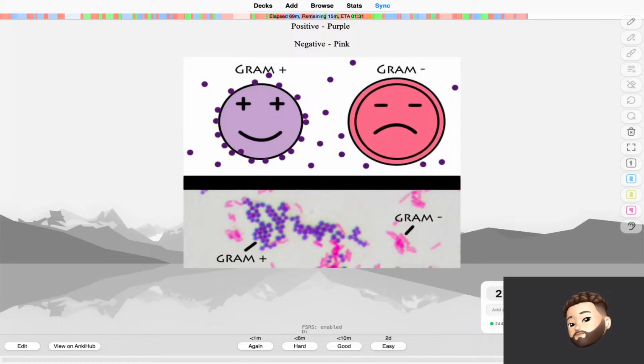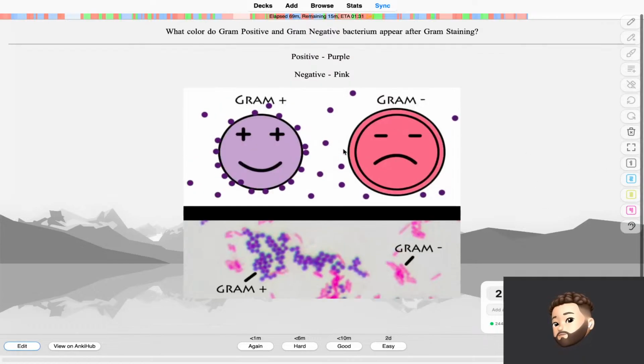Negative, negative pink and positive purple. Maybe I should call it purple. Positive purple. Positive purple and negative pink. You can't say positive pink, that doesn't make sense. But positive purple.